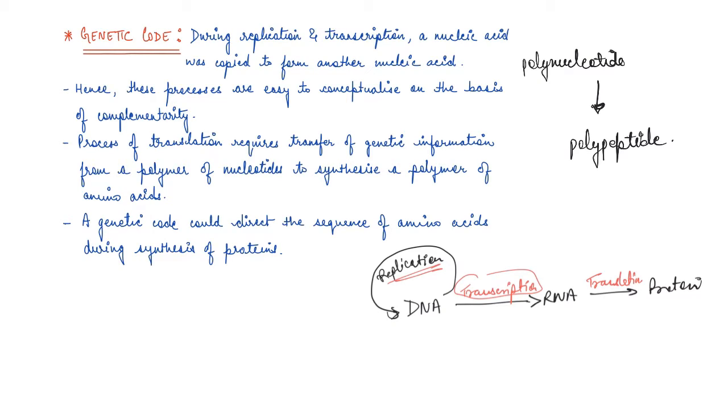So here neither do they have complementarity, nor is there any relationship between nucleotides and amino acids, right? So there would be something which would be coding from a particular nucleotide to a particular amino acid, right? So we'll study that in this video.